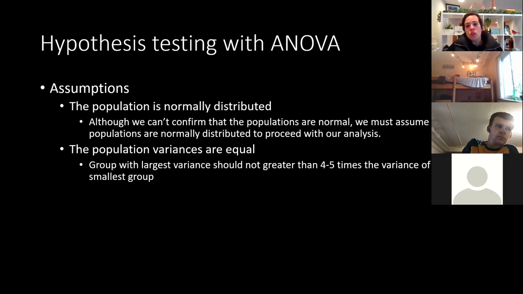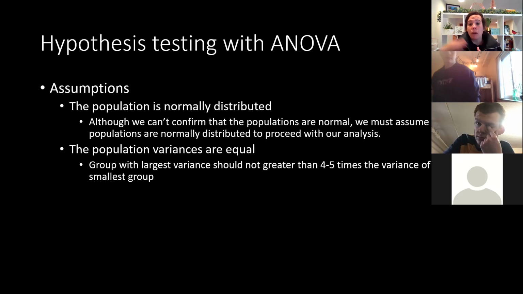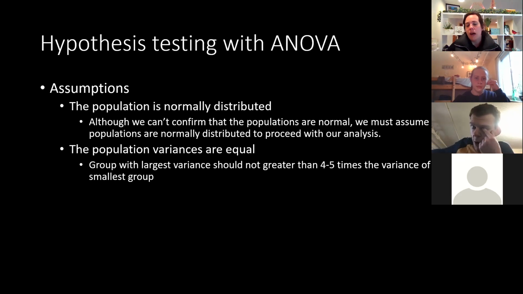And then we also assume that the population variances are equal. So the group with the largest variance should not be greater than 4 to 5 times the variance of the smallest group. The idea again is I'm not going to pick a sample whose population varies a ton and another that doesn't vary at all. You want to try to match them as much as possible.